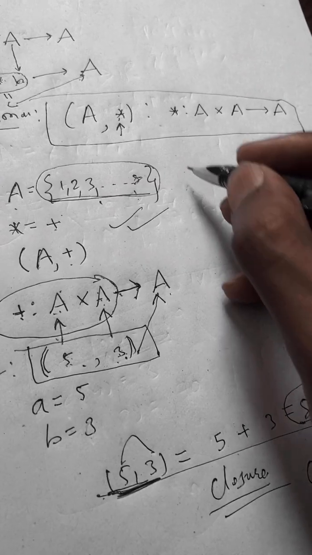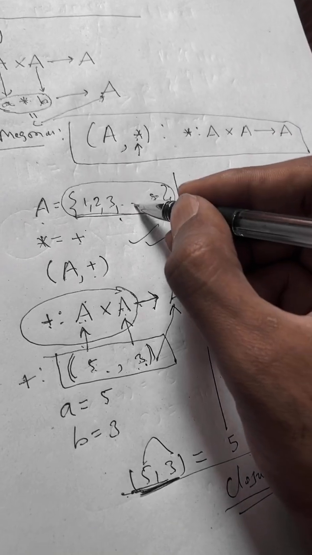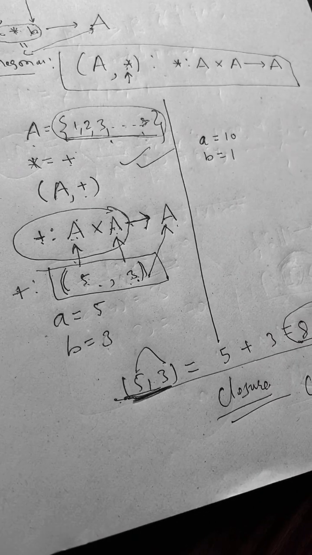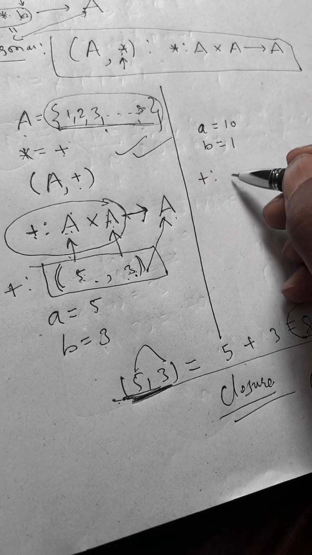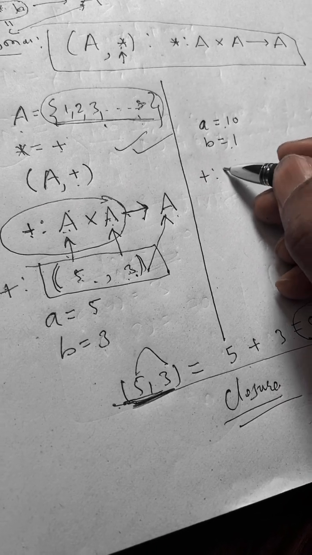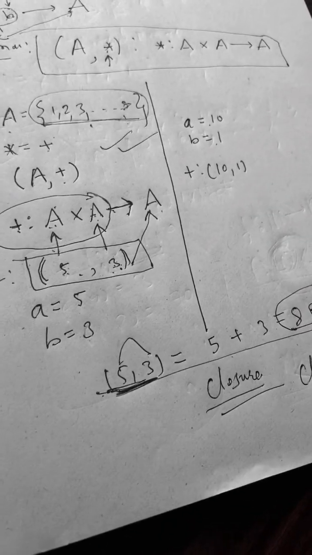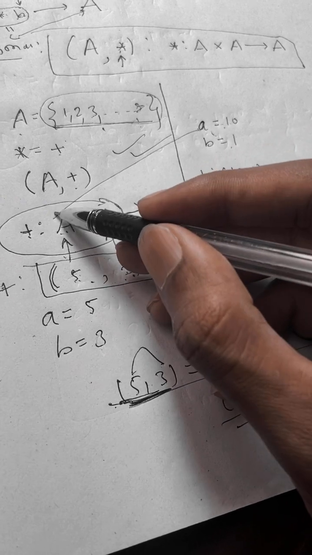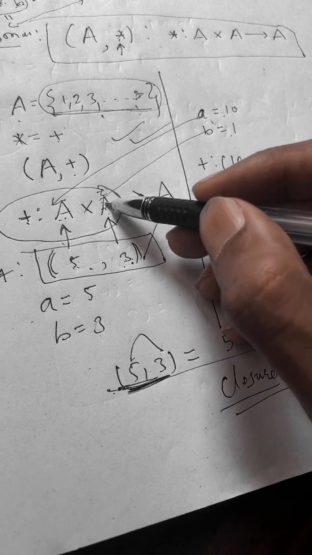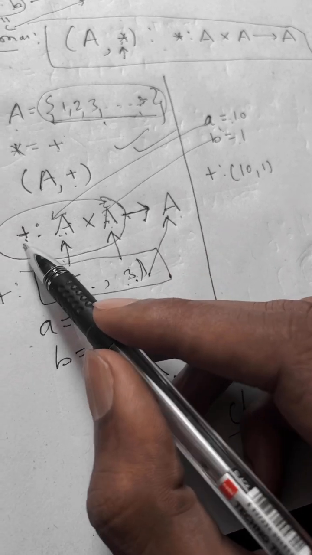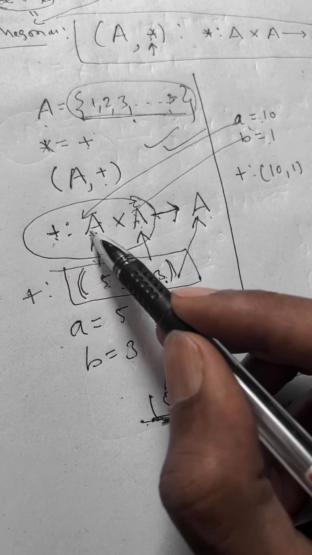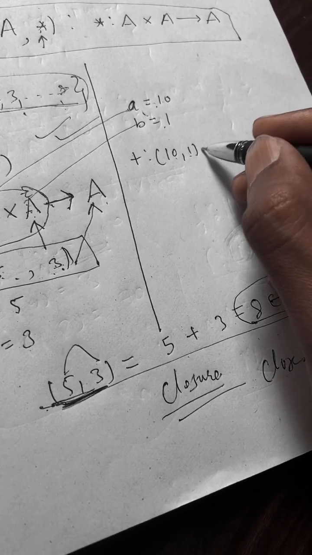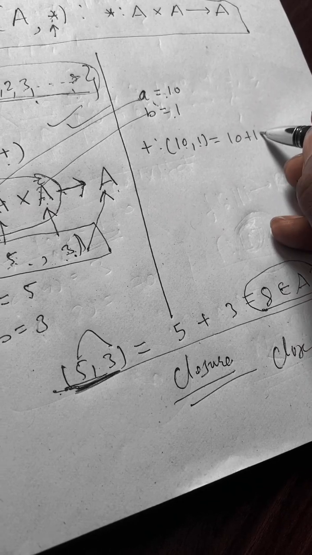Let's do another example. Suppose A equal to 10, B equal to 1. What is this plus going to do? Take this ordered pair 10 comma 1. This 10 is coming from this set, this one is from this set, and both are the same set. So the operation is defined on the same set. We do the operation between 10 and 1, so we get 10 plus 1, which is 11.